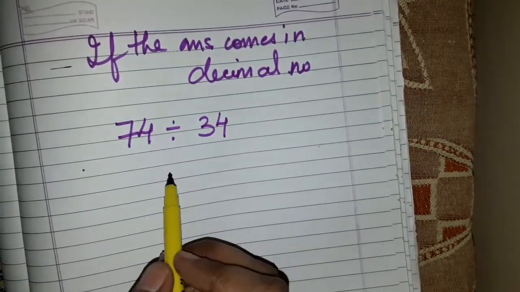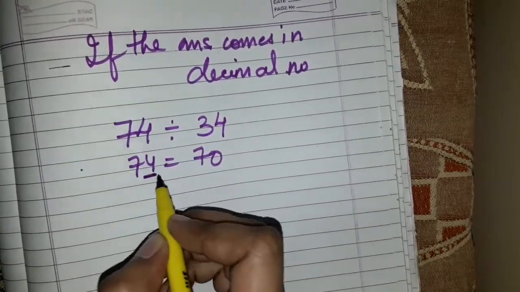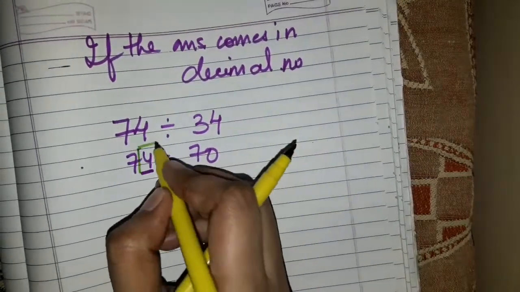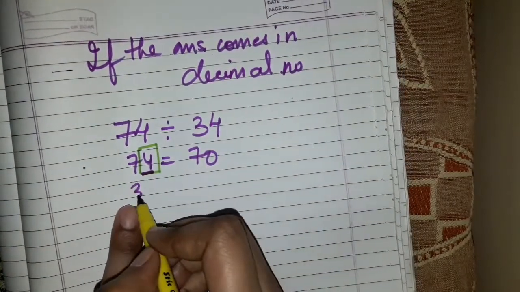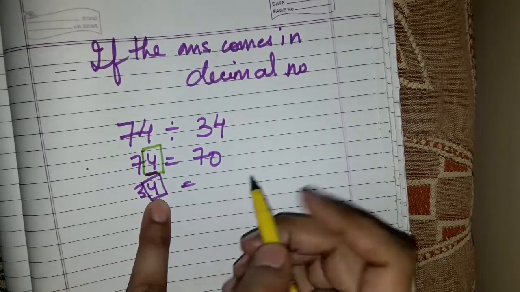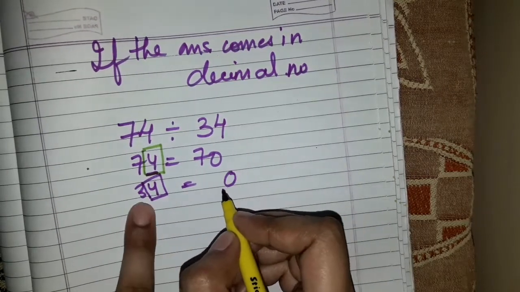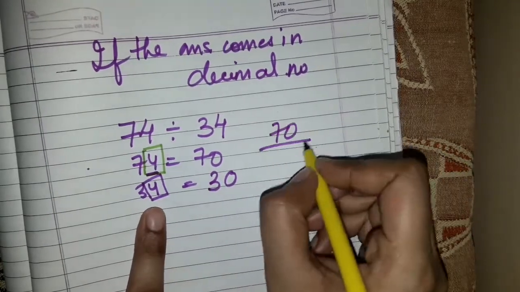Now both the numbers are in tens, so I will round them off. 74 will become 70 because the right hand side digit is less than 5, so it will become 0 and the other part will remain the same. 34, this right hand side digit is less than 5, it will become 0 and the left hand side digit will remain the same. So now 70 divided by 30.